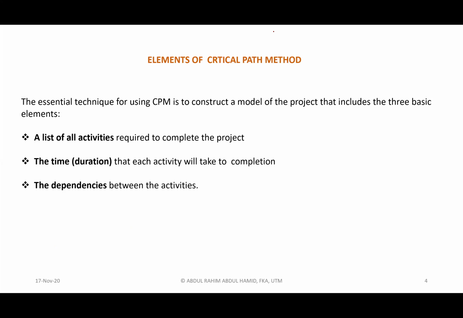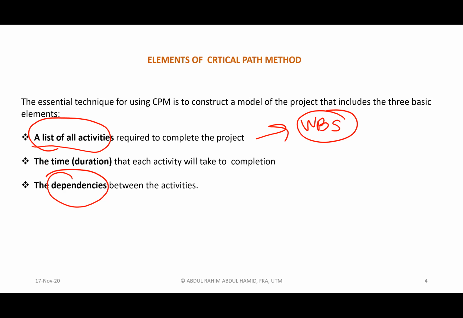Okay, elements of critical path. When we want to construct this diagram using critical path concept, we must list all the activities. We already mentioned that we get the list of activities from our WBS exercise. If you go through the WBS concept, then you would be able to generate all the activities, including the dependency.